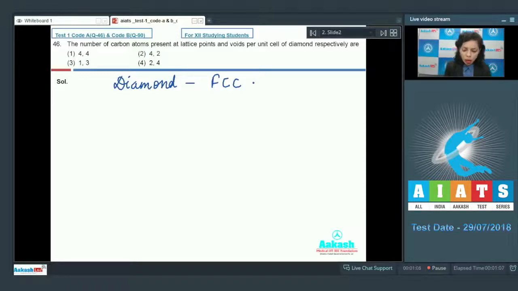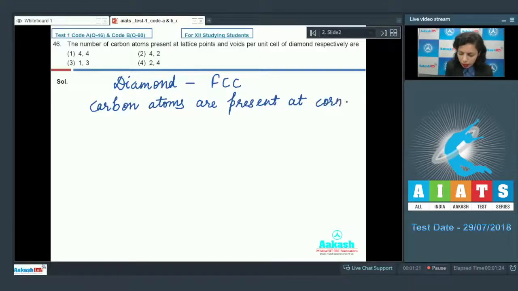So if we talk about diamond, the carbon atoms are present at corners and face centers, as well as at alternate tetrahedral voids.